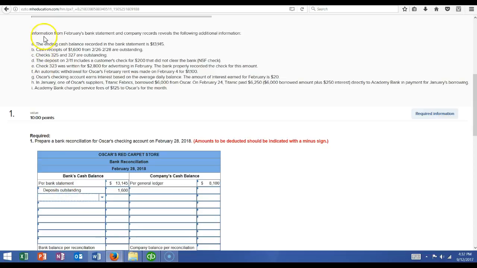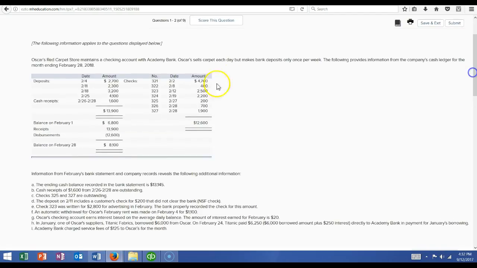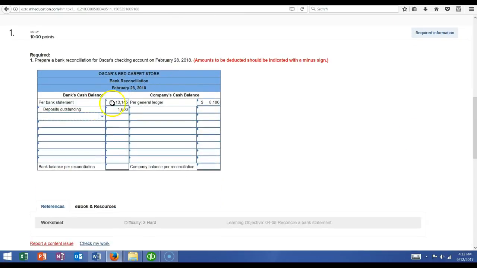Checks number 325 and number 327 are outstanding. So if we look at 325 and 327, that is the $200 and the $1,900 are outstanding. So that's going to be minus $2,100. That is outstanding.